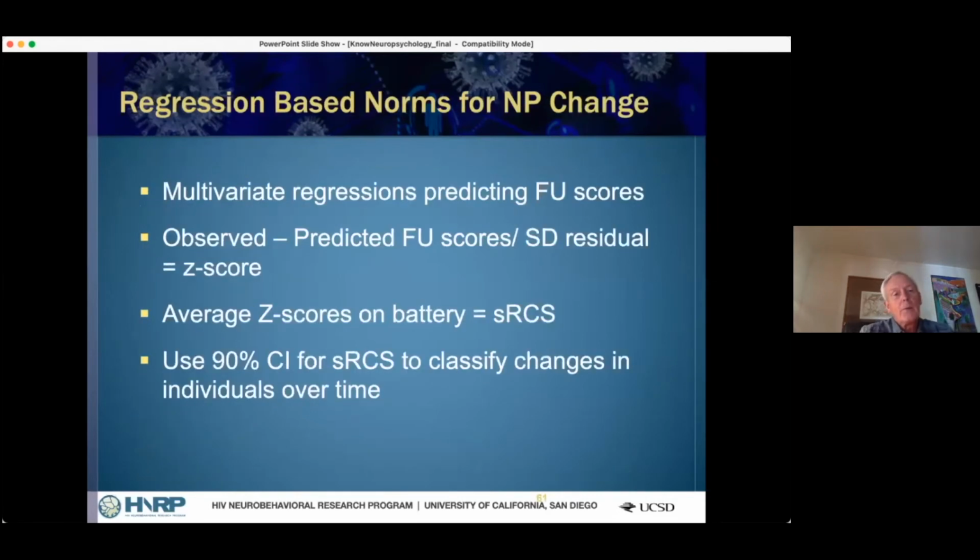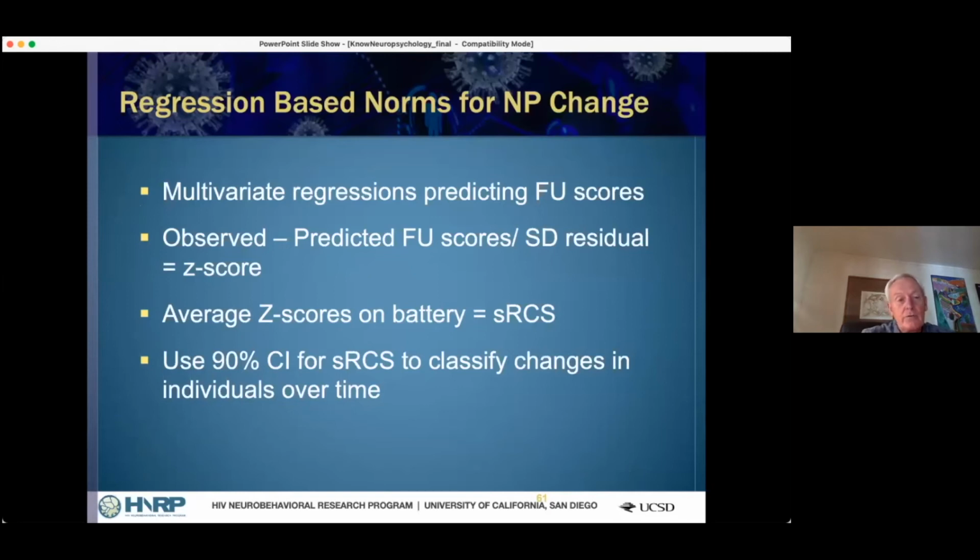So the way we do this is for each test measure, we do multivariate regressions predicting the follow-up scores from all the things that I just mentioned, baseline scores, competence, et cetera. And then you subtract the predicted follow-up score from the observed score and divide it by the standard deviation of the residual of the regression equation.